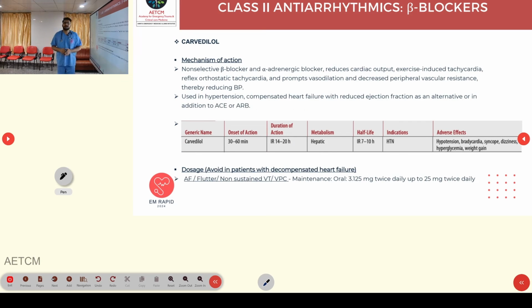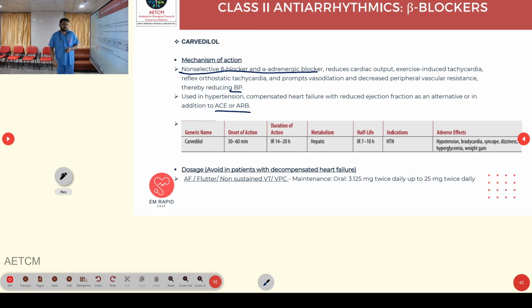Further, we have carvedilol, which is a non-selective beta blocker and alpha-adrenergic blocker. It reduces cardiac output, exercise-induced tachycardia, and reflex orthostatic tachycardia, and it also causes vasodilatation and decreases peripheral vascular resistance. This also helps in reducing the BP. It is mainly used in hypertension, and also in compensated heart failure with reduced ejection fraction as an alternative in addition to ACE inhibitors or ARBs.